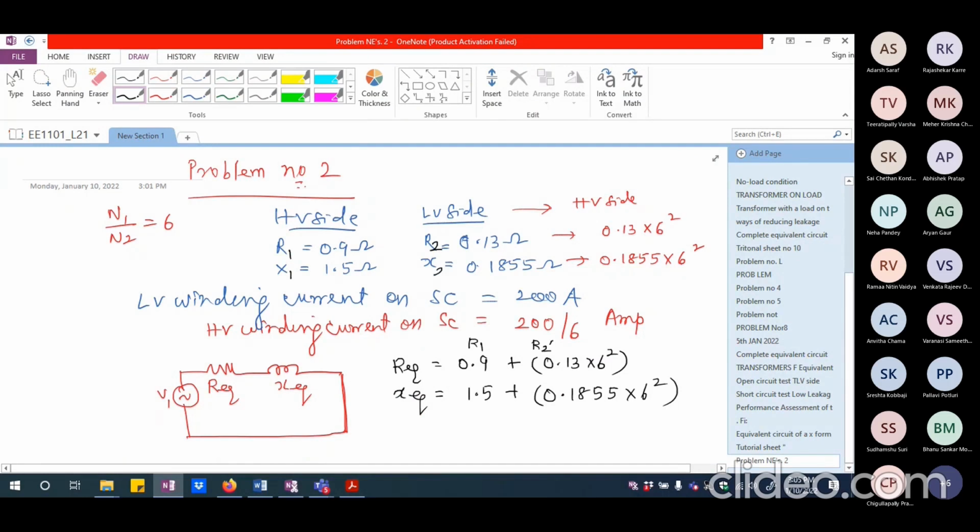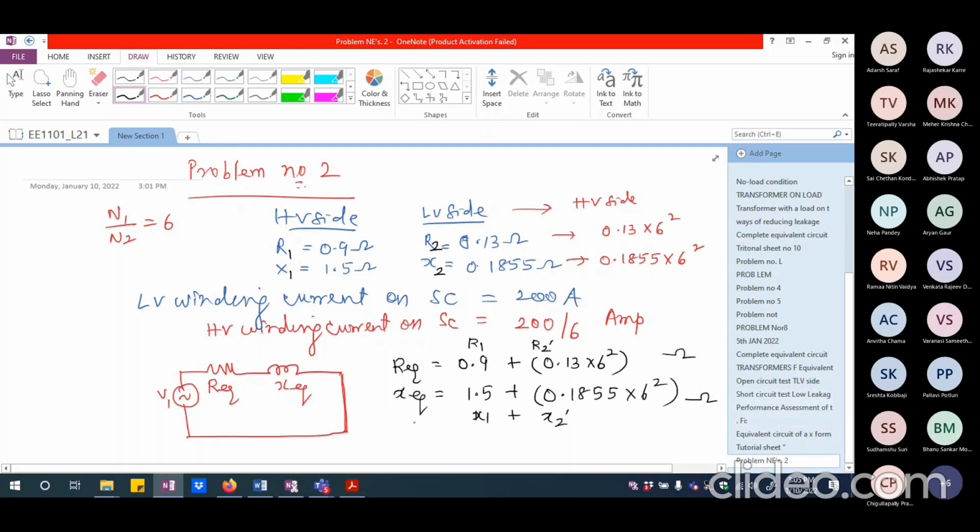Similarly, this is X1, this is X2. So this is going to be X1 plus X2 dash. Right? So this is so many ohms and this will also be so many ohms, when you are looking at it from the high voltage point of view. Okay.